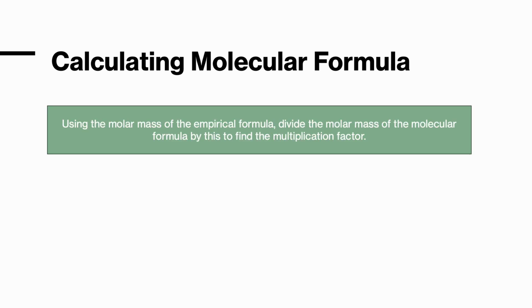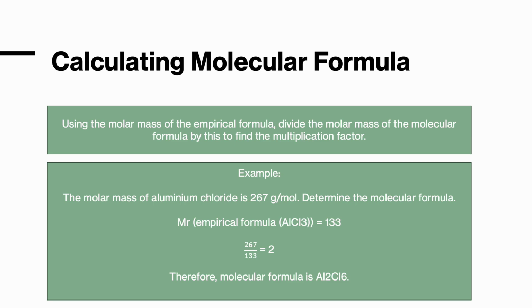Calculating molecular formula. This is calculated using the molar mass of the empirical formula. We divide the molar mass of the molecular formula, which is normally given to us, by the molar mass of the empirical formula to find the multiplication factor of the empirical formula. Continuing from the example of aluminum chloride, we're given that the molar mass of aluminum chloride is actually 267 grams per mole.